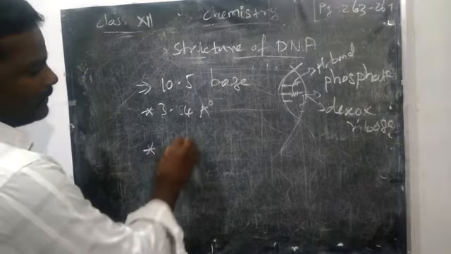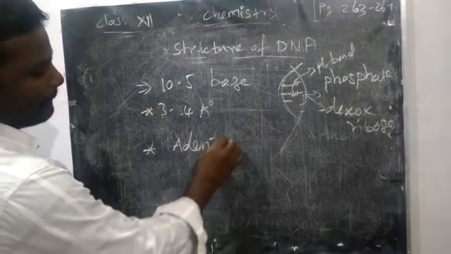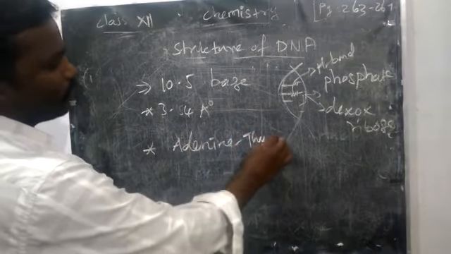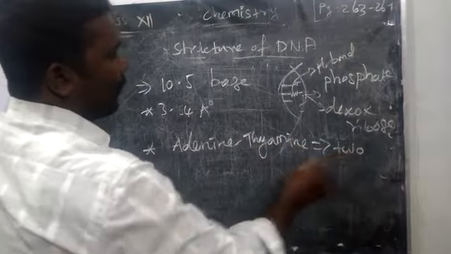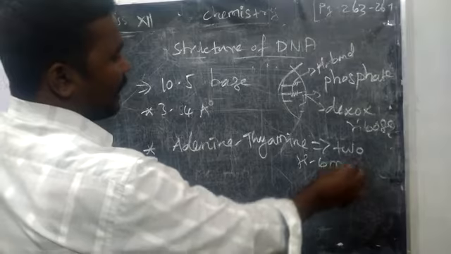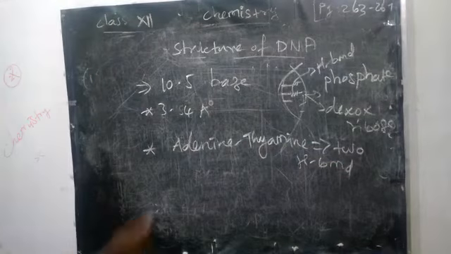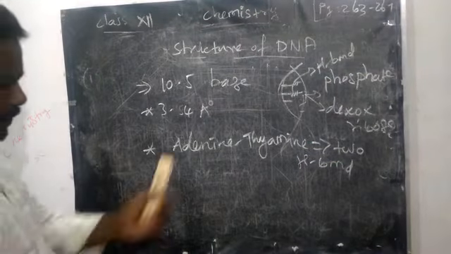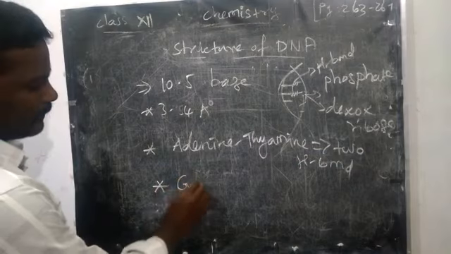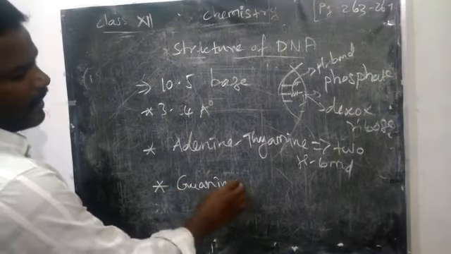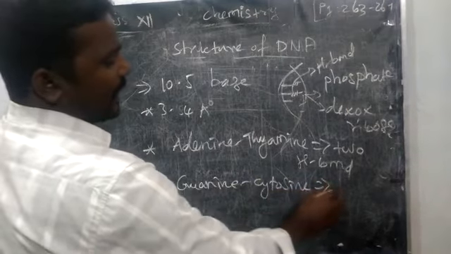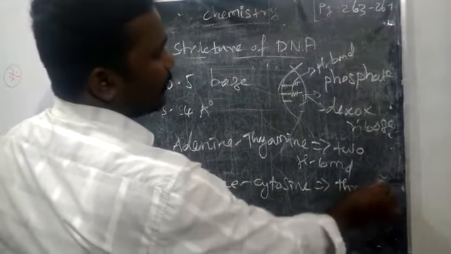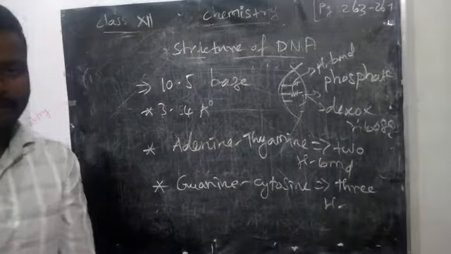So what type of hydrogen bond, or how many hydrogen bonds are present? Adenine and thymine form two hydrogen bonds. How many hydrogen bonds? Two hydrogen bonds. At the same time, guanine and cytosine have three hydrogen bonds between them.